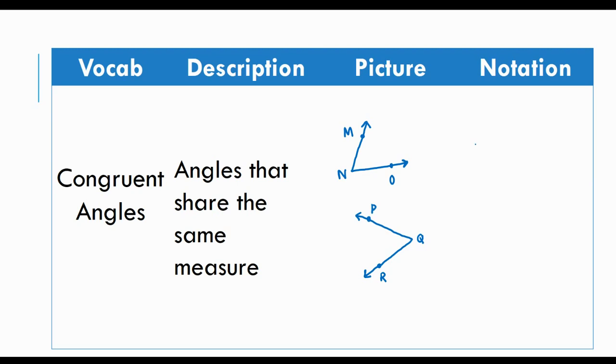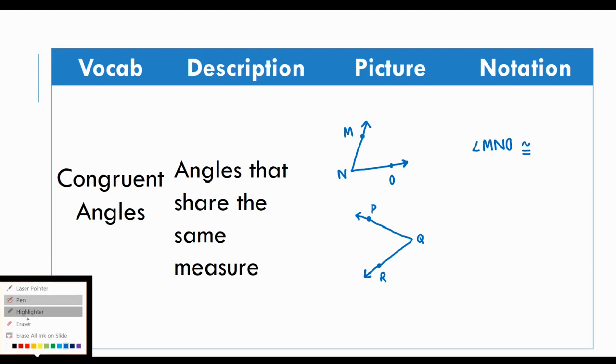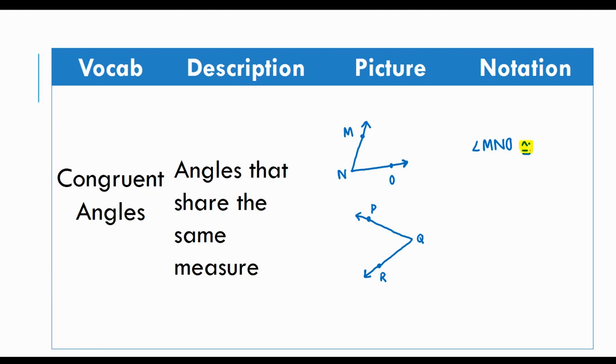Okay, we do have a notation. So here I'm going to write my angle MNO. N's in the middle because that's the vertex. This is the symbol for congruent. Notice that there is an equal sign and there's this little tilde above it. So this symbol right here represents the word congruent.